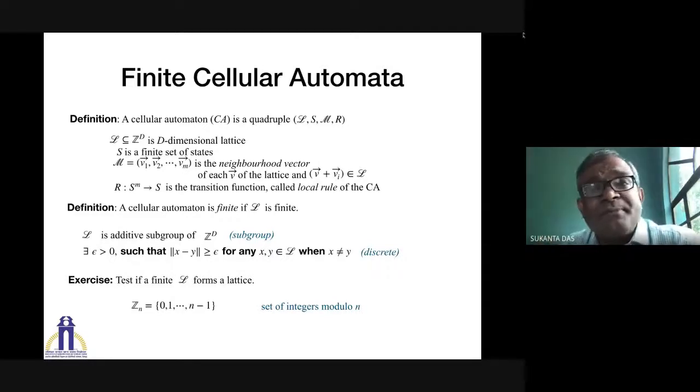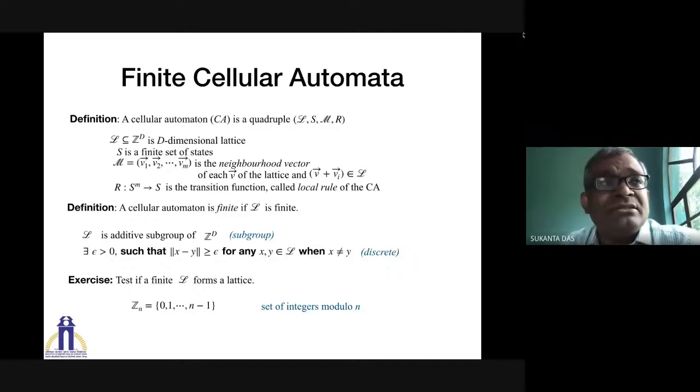What is the second property? The second property of a group is associativity. So it is always associative: x plus y plus z equals x plus y plus z. This is the property of associativity, which is a property of addition, so there is no problem. The third property is that to be a group, you should have an identity element, and 0 is here. So 0 is the identity element. Finally, it has to have an inverse.